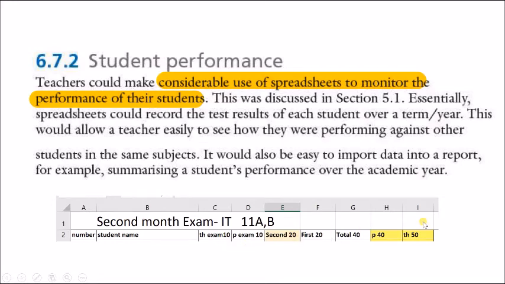It depends on each subject, on each month, and it is up to the teacher how they want to follow the performance. Using this spreadsheet will make calculations easier. You can't miss any of the students because you have the list of the names. There are no mistakes or errors in the calculations since it is done by the spreadsheet application.